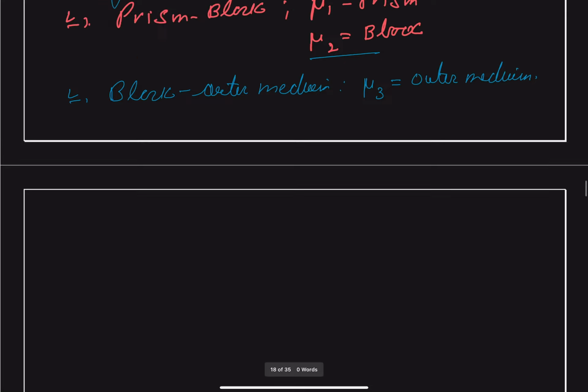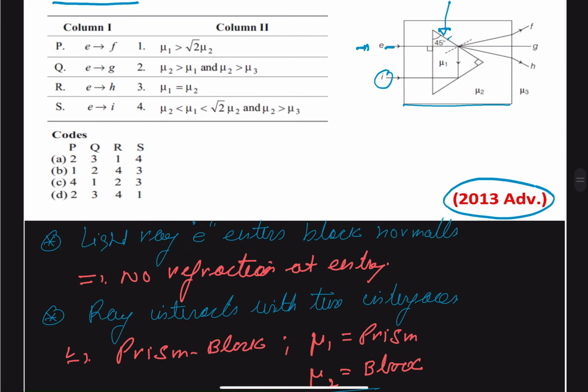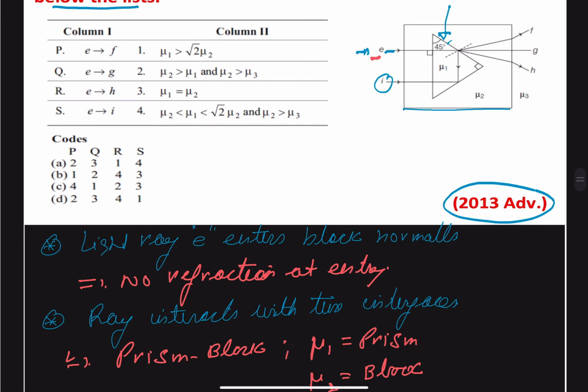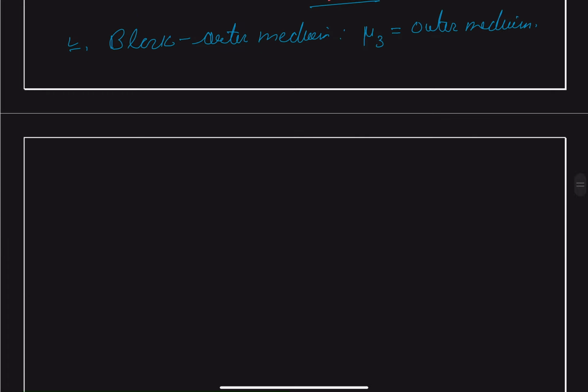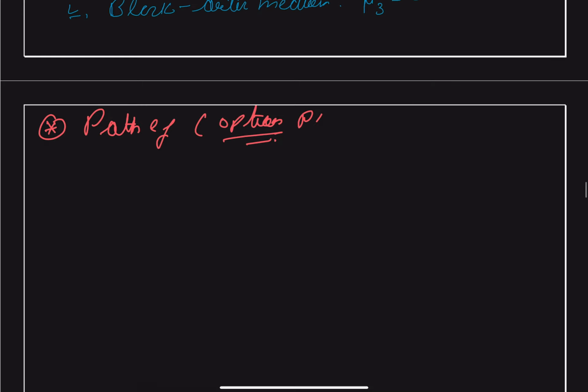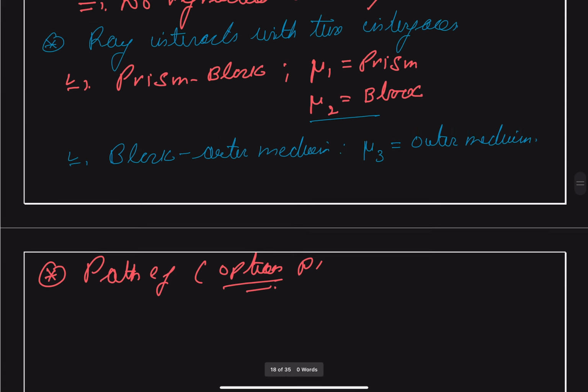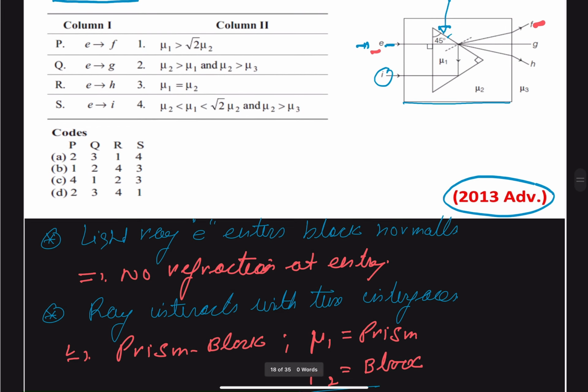So let us discuss the paths one by one. So the first path is our E and F. So we have a path EF, and that is our option P. At the prism surface, it bends towards the normal. Okay, this is the normal, so we can say this EF is bending towards the normal.